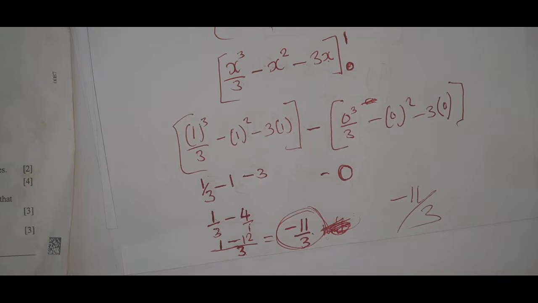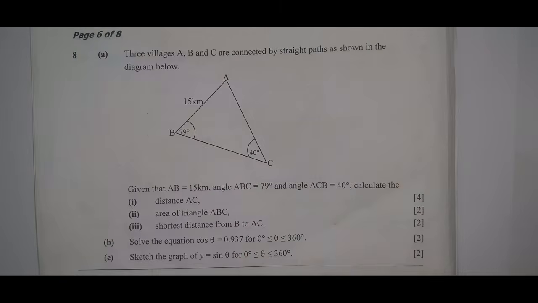We need to go to question 8. So question 8a reads: Villages A, B, and C are connected by straight paths as shown in the diagram below. Okay, so here is the diagram.